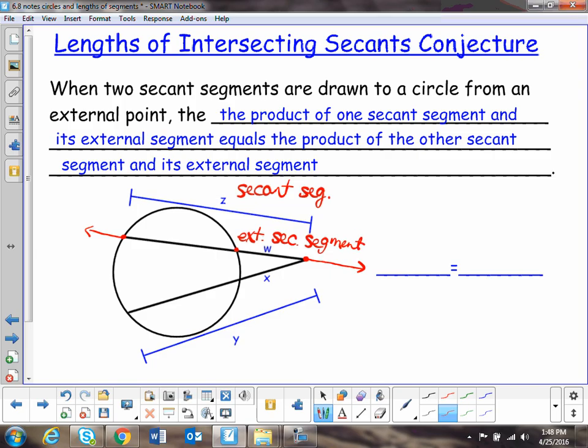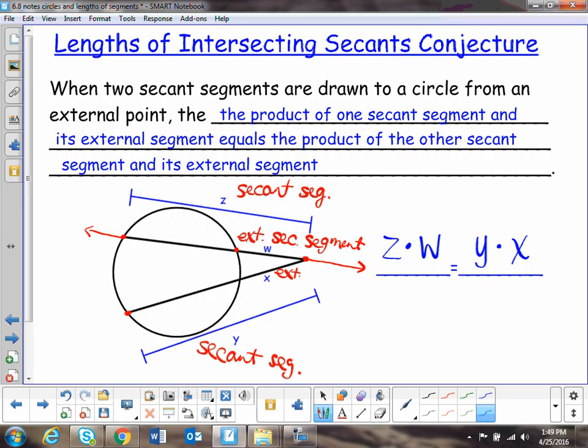Z is the long secant segment, W is the external one. Same thing goes for the other ones over here. Y is a secant segment, and it goes from this point to there, and X is the other external secant segment. So this formula goes like this: Z times W is equal to Y times X.